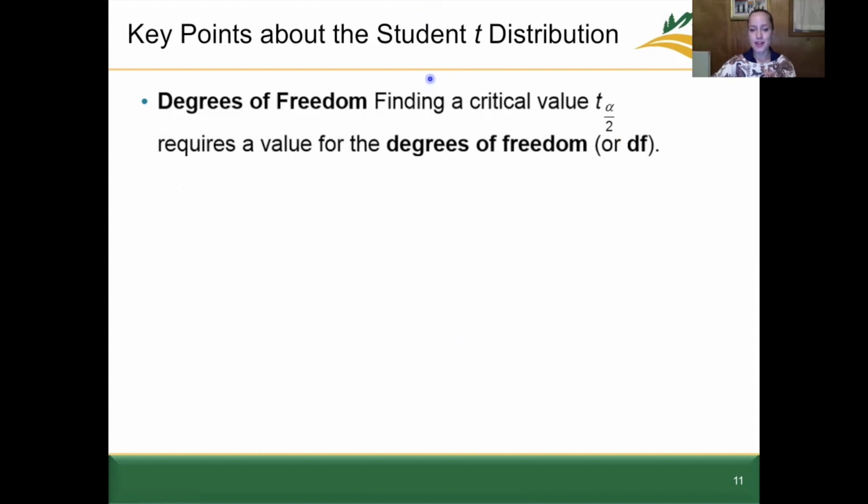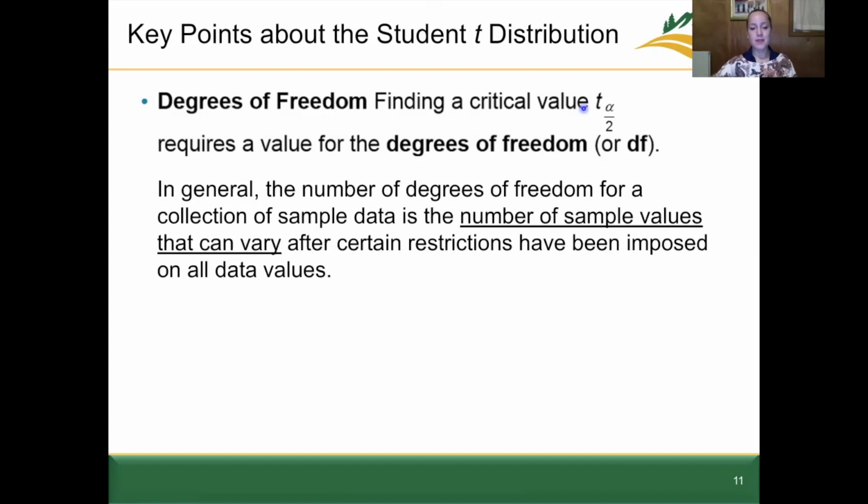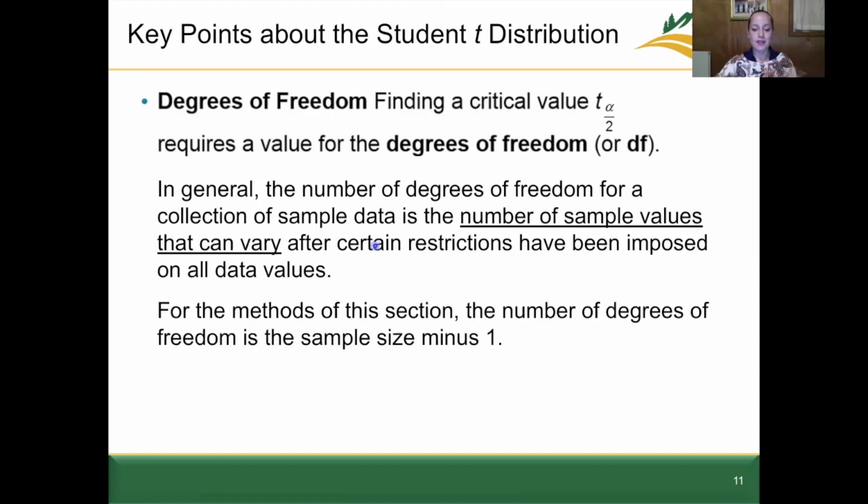An important concept here in 7.2 is finding these critical values, or t subscript alpha over 2. In order to correctly find the critical value here in 7.2, we have to use this concept of degrees of freedom. Generally speaking, the number of degrees of freedom for a collection of sample data is the number of sample values that can vary after certain restrictions have been imposed on all data values.